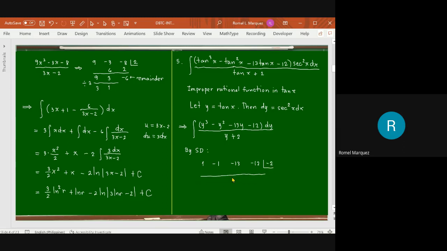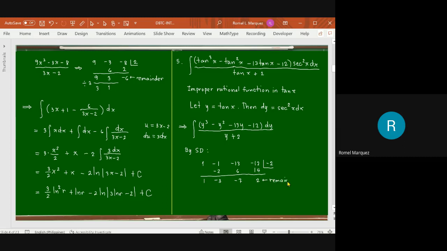Then bring down 1, multiply by negative 2, add, multiply by negative 2, so this is 6. Then add negative 7, multiply by negative 2, positive 14, add, positive 2. So 2 is the remainder.